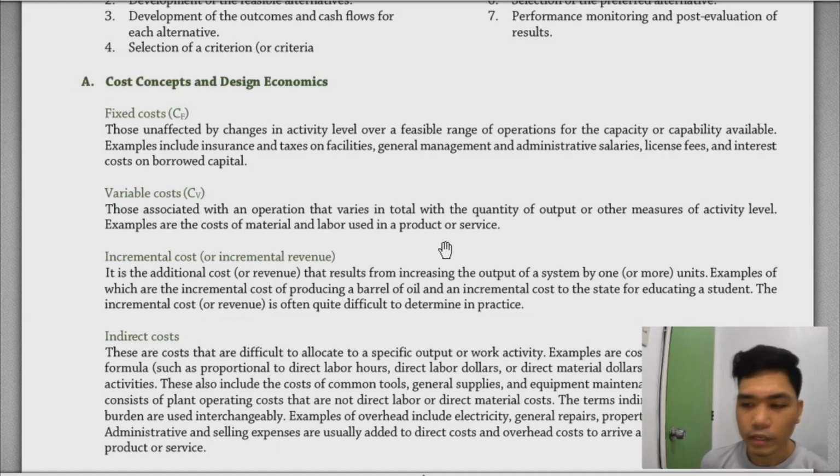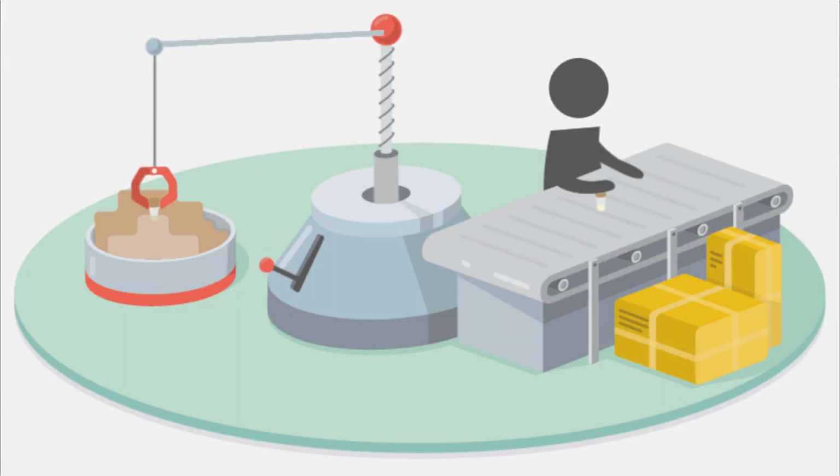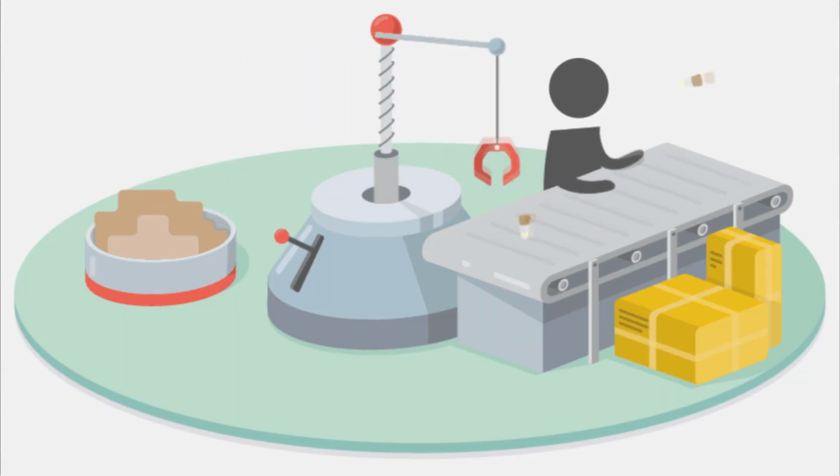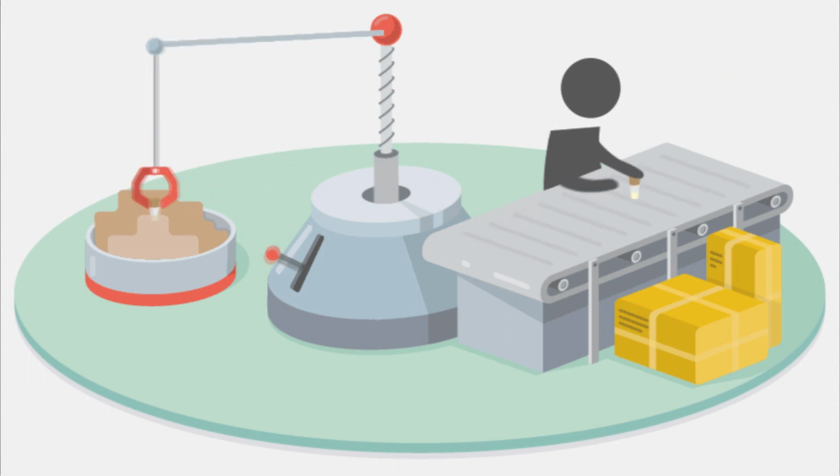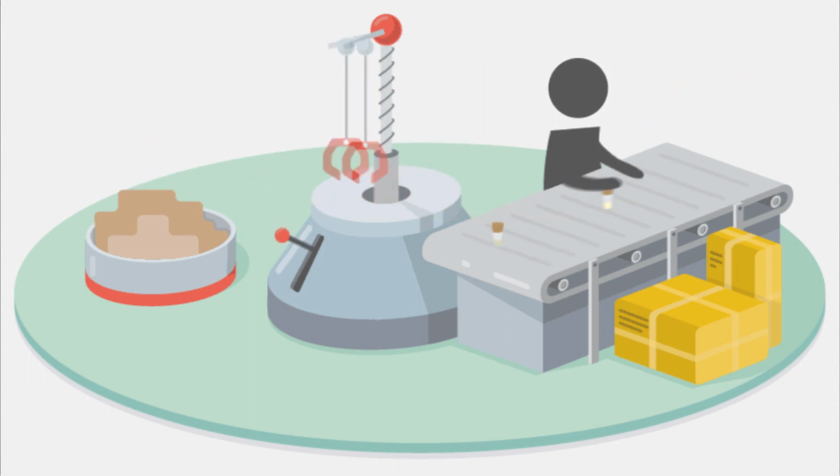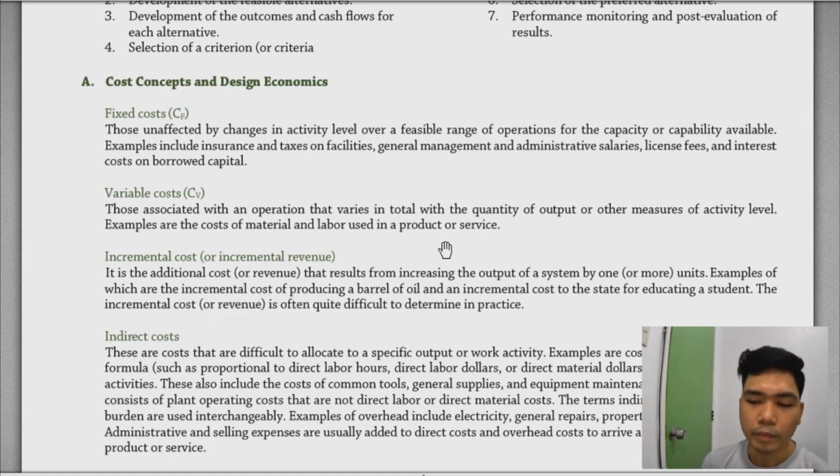So imagine if your company is producing something and the cost of production is different because you're using raw materials that are imported, and then the importation cost or the freight cost tends to increase or even decrease, or it's not constant.